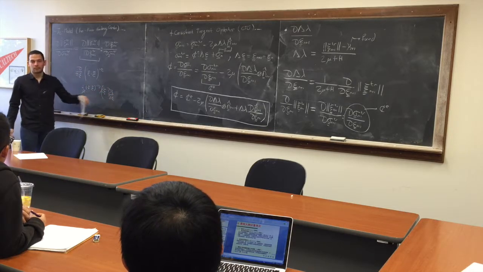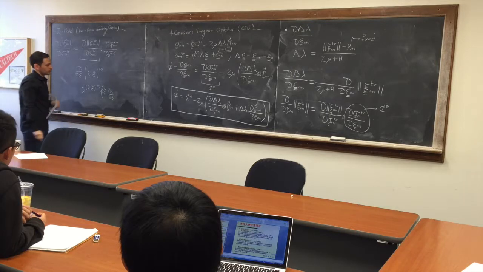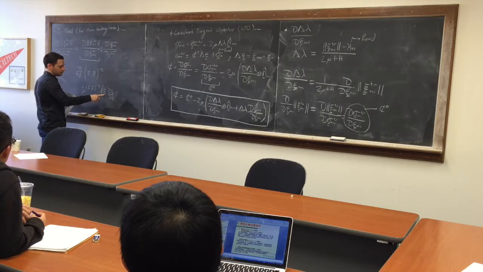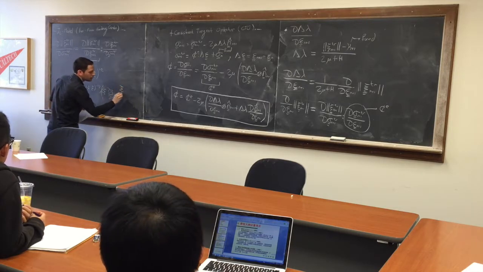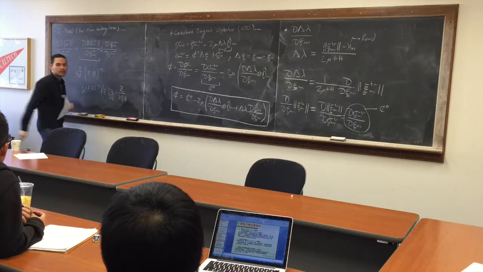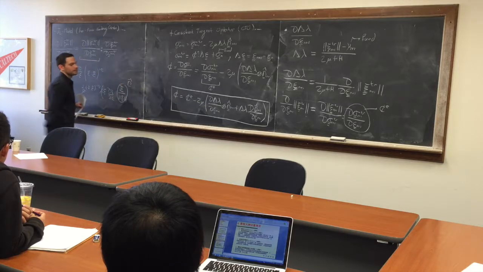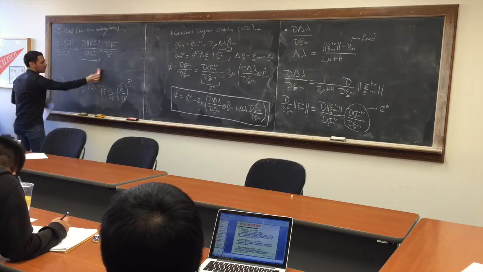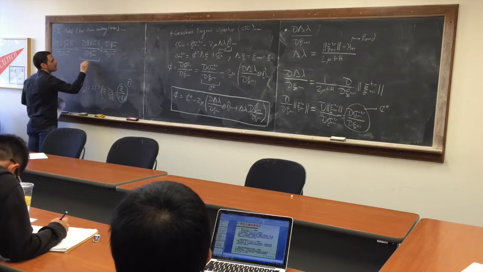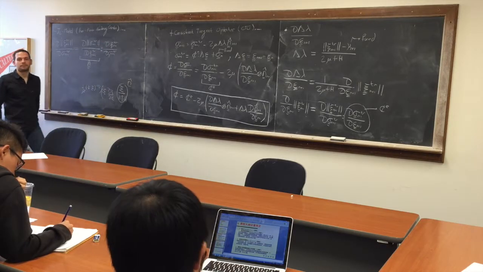What is it? This is 1 and this, what do we get here over this one? What's this? N hat. This guy is n hat. So this one here is n hat. Now we have to compute this one.